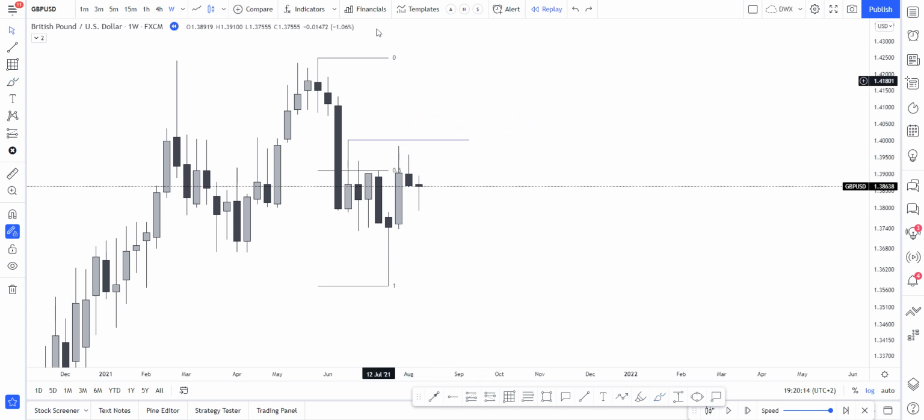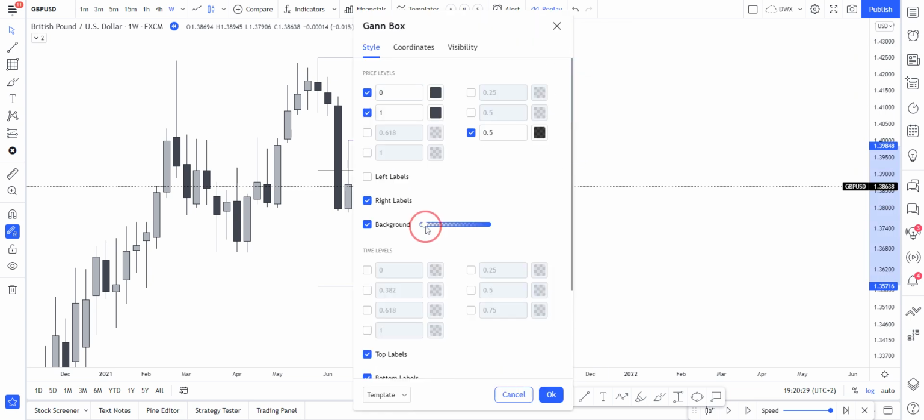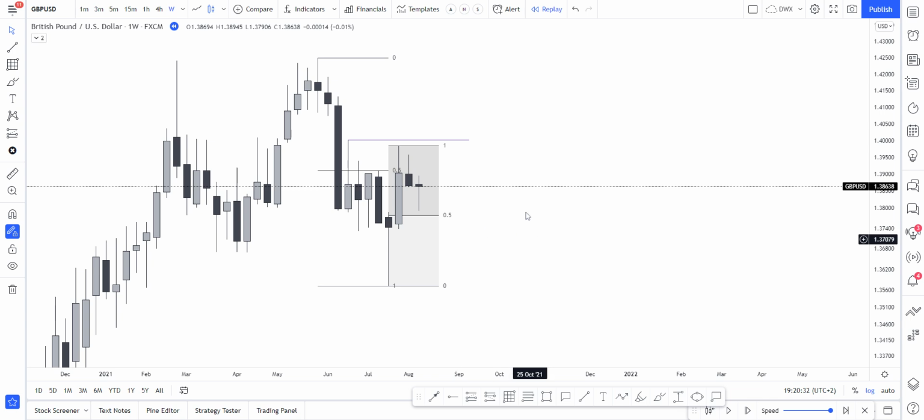For that reason, we can use this tool and plot it from this low towards this high, like this. And then we could potentially make this a bit darker so we can get more clarity on it. So now we can start our weekly analysis, basically, for the high time frames.